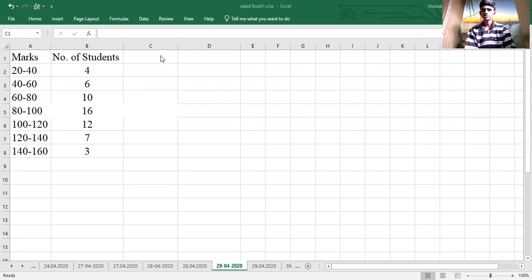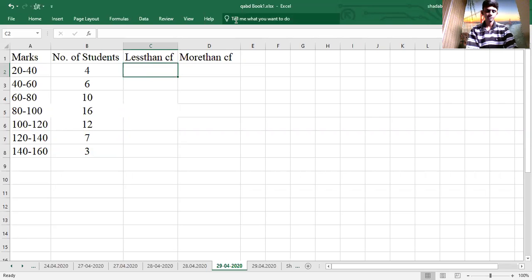As we know well, we have two cumulative frequency types, that is less than and more than cumulative frequencies. First I will write less than cumulative frequency. Then next one is more than cumulative frequency.